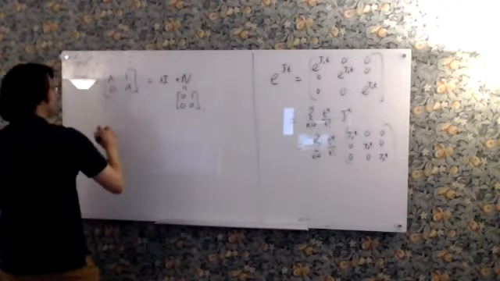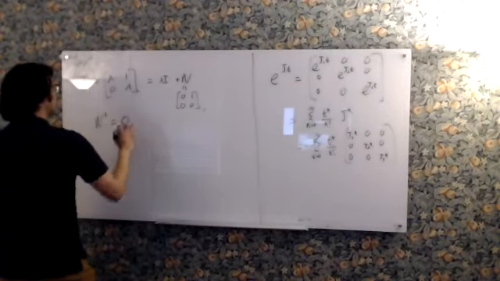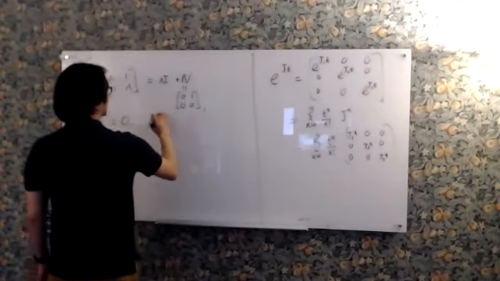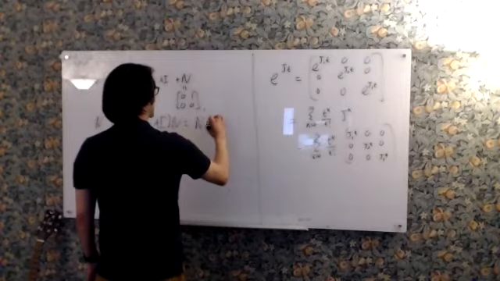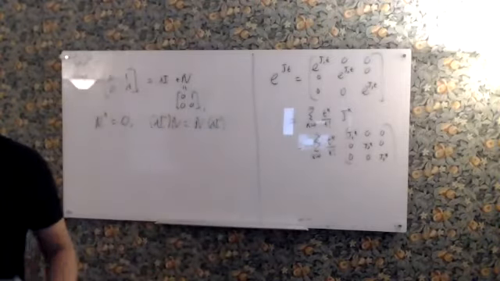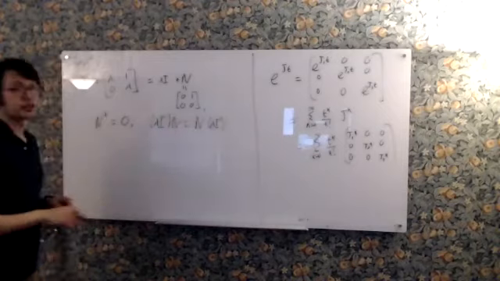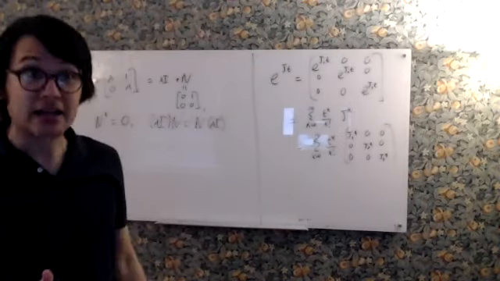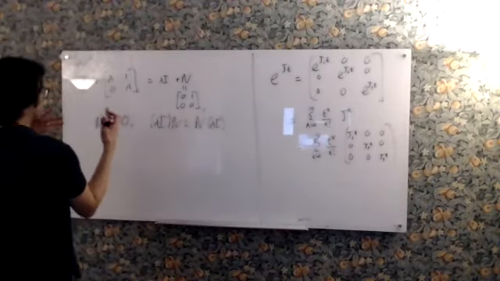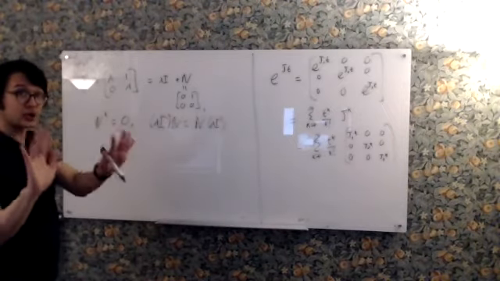We have two properties showing up here: N squared is equal to 0, and lambda I N is equal to N lambda I. All I did was split this up into two matrices that commute with each other. One of the properties that we learned way back at the beginning of class is that if you have two matrices that commute, you can use the exponential product formula. In general, you can't use it.